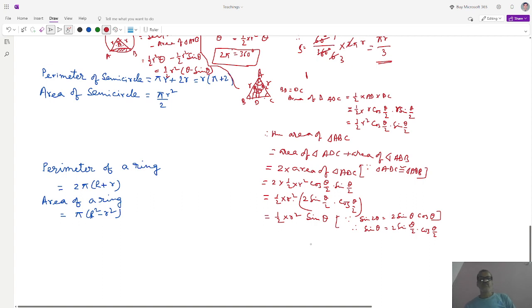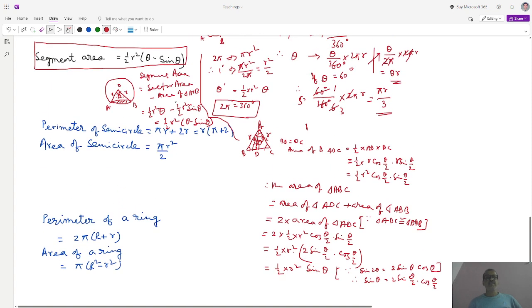So the area of ABC equals half into r square sin theta. Therefore, the segment area equals half into r square into theta minus sin theta, right?